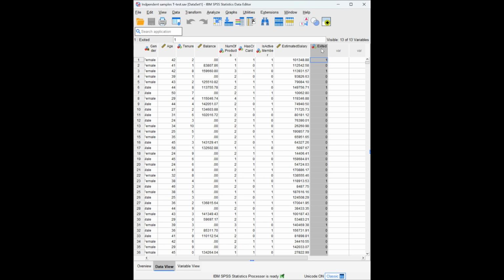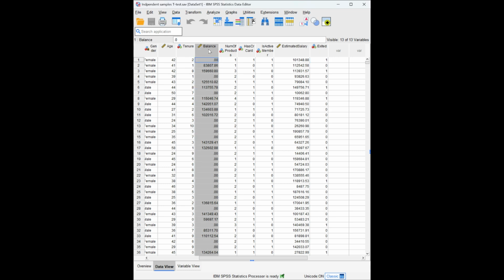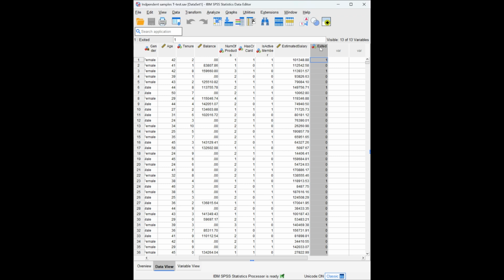You want to pay close attention to what these columns represent. For example, this balance variable right here is the amount in the customer's account, which is in euros, which is what we're going to be working with. And then you have this column for exited, which tells us whether the customers churned, which means left, or they stayed.